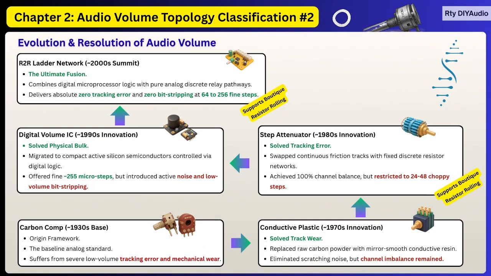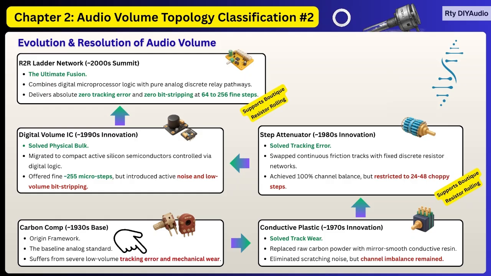Moving into classification number 2, the evolution and resolution of audio volume. Every single architecture was engineered specifically to crush the fatal limitations of its predecessor. The 1930s carbon comp offered a smooth analog baseline, but suffered from brutal low-volume tracking errors.